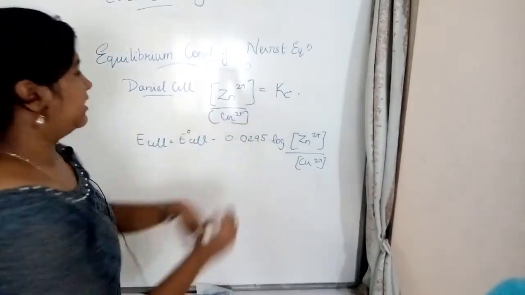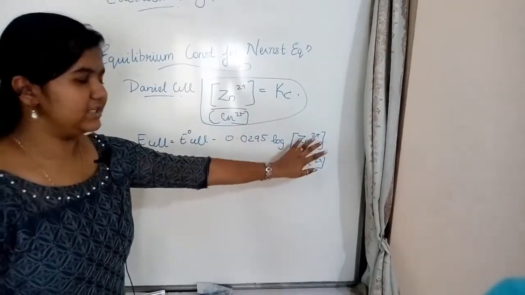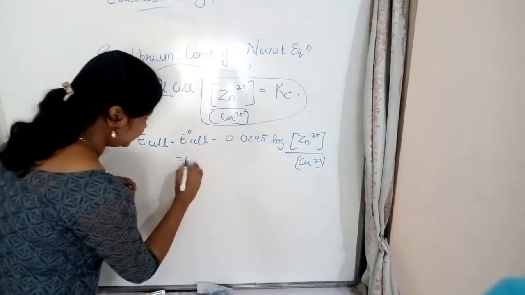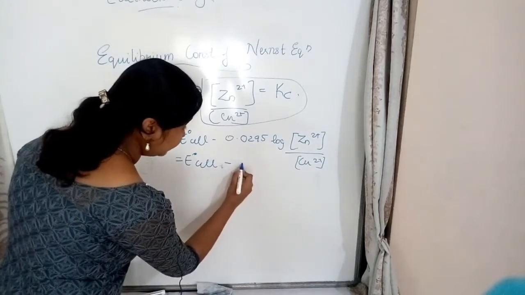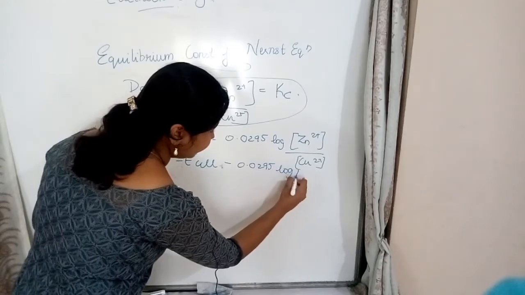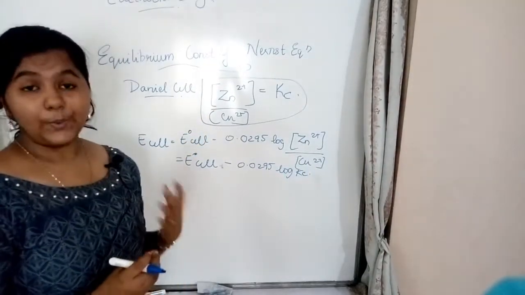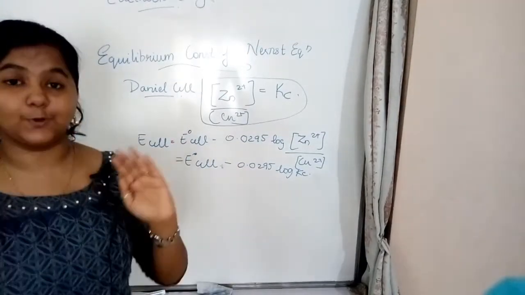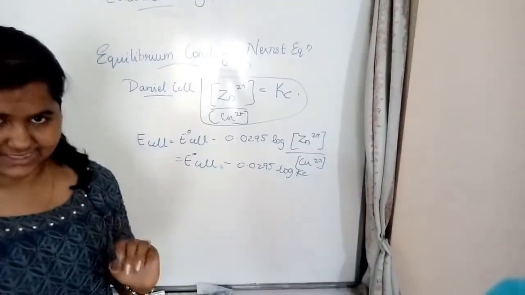Now we know that [Zn2+]/[Cu2+] is equal to Kc. Therefore our equation is E cell is equal to E0 cell minus 0.0295 log Kc. Now we will assume that E cell is 0.